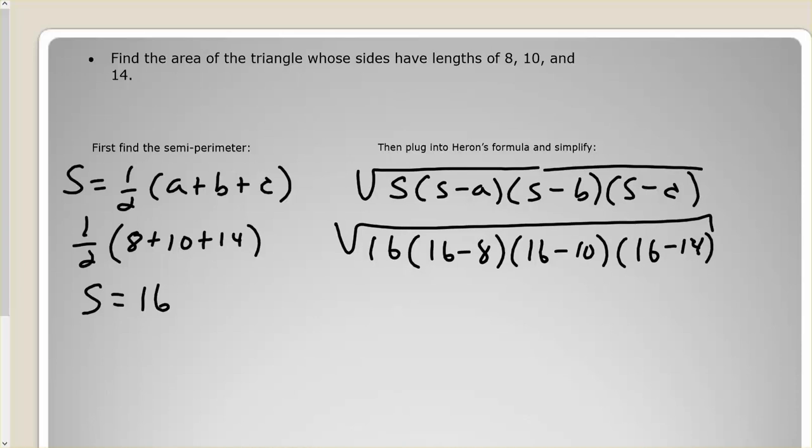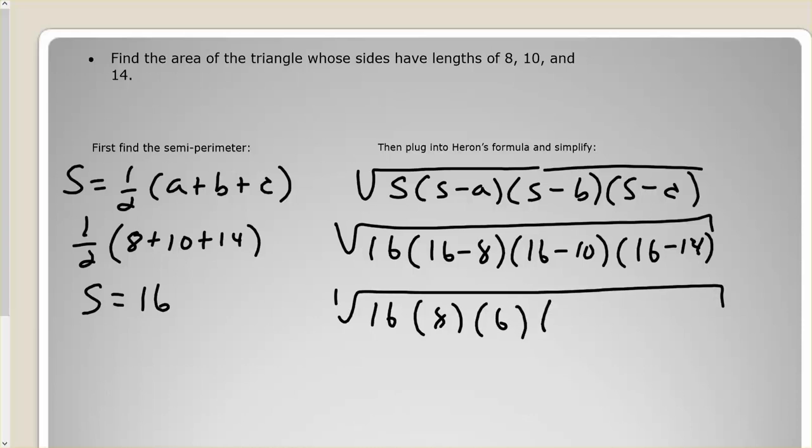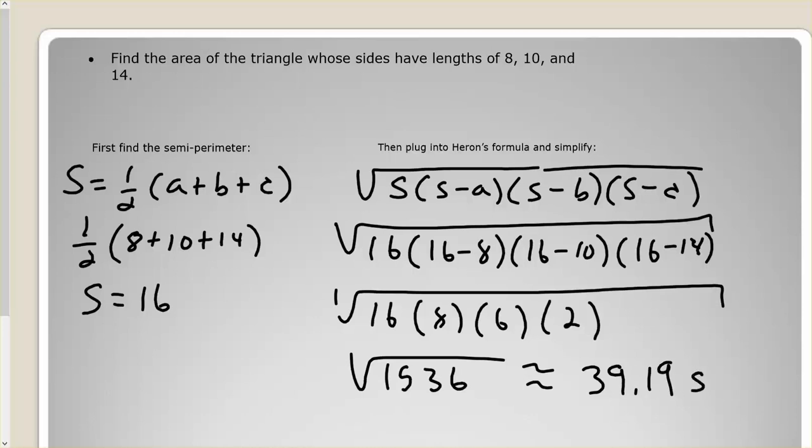And when you do that, you get the square root of 16 times 8 times 6 times 2. That's going to get you the square root of 1,536. Now, they want the area, so in this case, we're literally going to take the square root of that, and we get approximately 39.19 square units, whatever we're in.